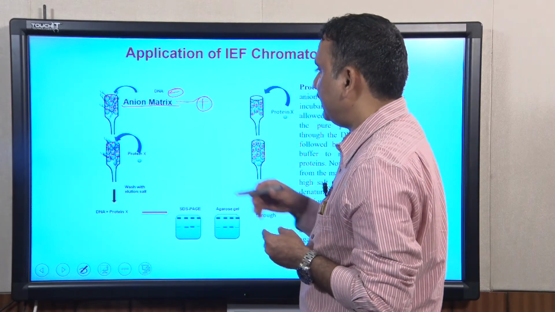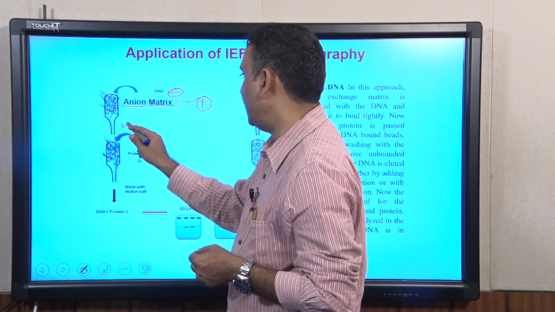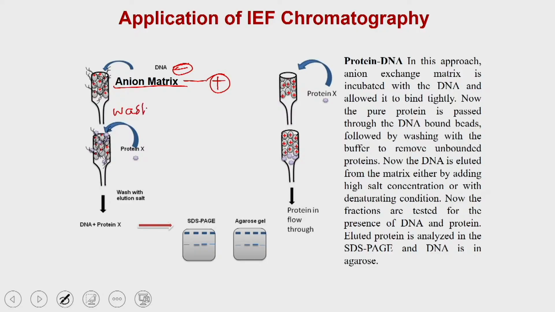Now, in the second step, you wash the beads so that whatever DNA is non-specifically binding to the matrix beads is removed. Then you flow the protein onto this column.